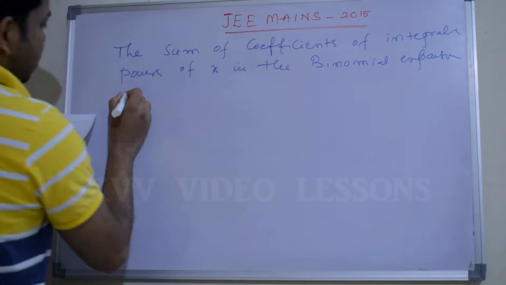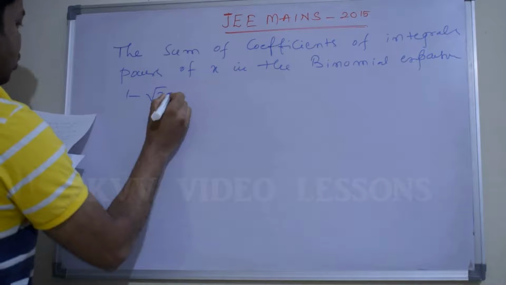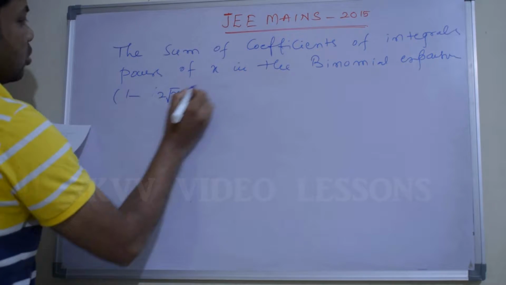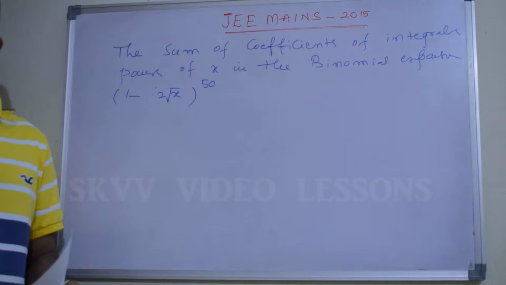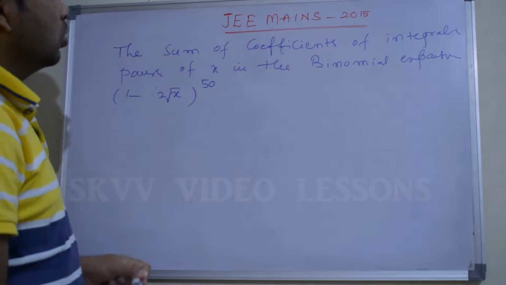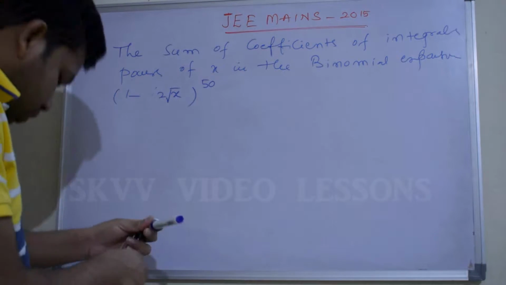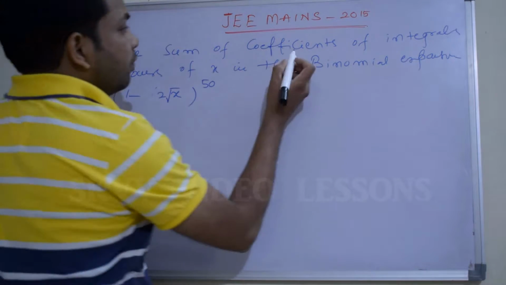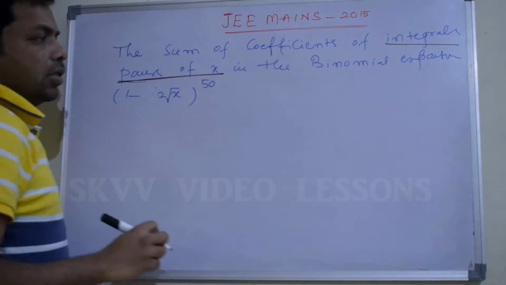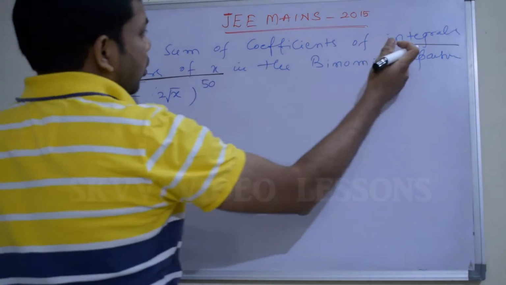What is the binomial expansion? (1 minus root 2 x) to the power of 50, or rather (1 - 2 root x) to the power of 50. So this is the problem given to us. We have to find out the sum of coefficients of integral powers of x. I'll come to this point later.